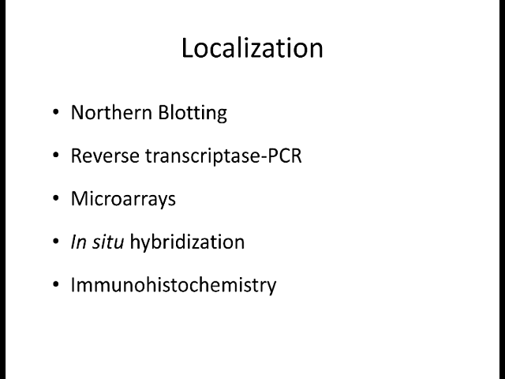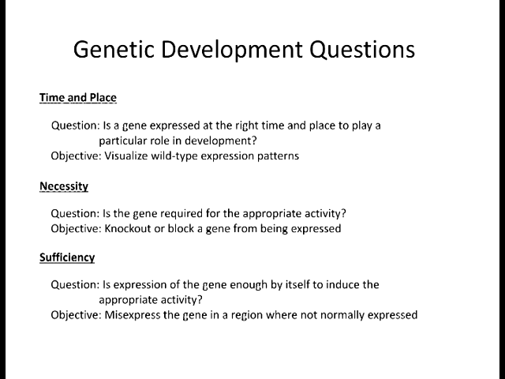It's as labor-intensive as the in situ hybridization is as well. So all of those techniques essentially answer the time and place. Is the RNA located or expressed at this time? And where? What cells are actually expressing that RNA or protein?